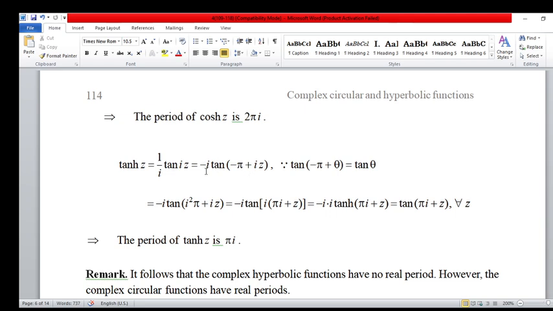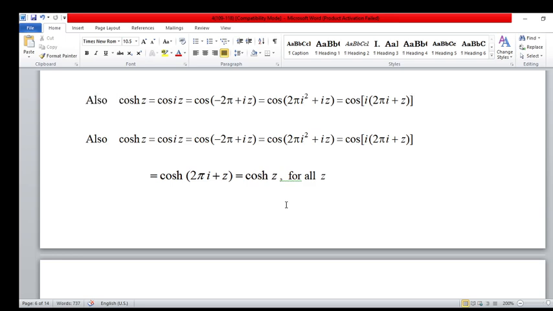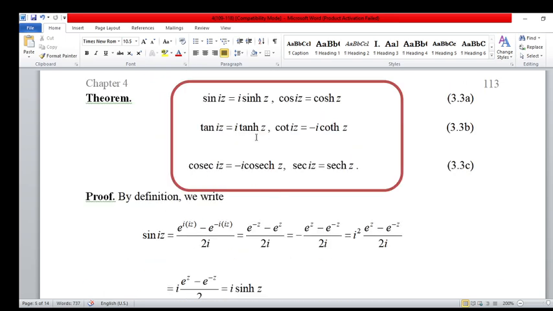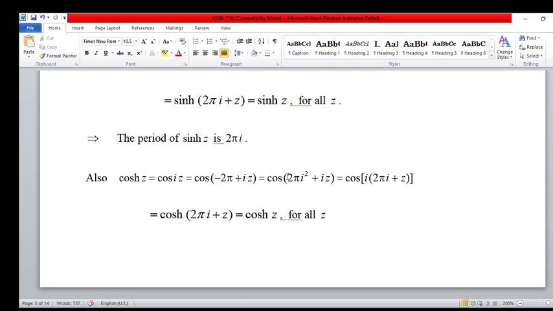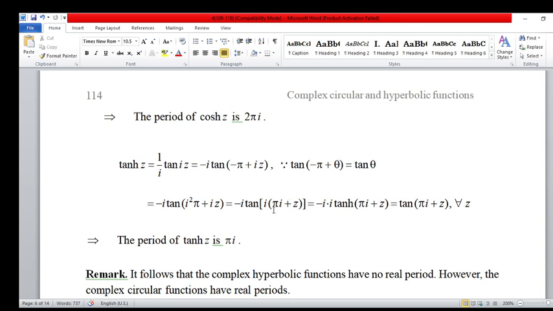This minus symbol can be written as i square, and again i is common, so this is minus i tan iz, and tan iz is equal to i tan hyperbolic z.